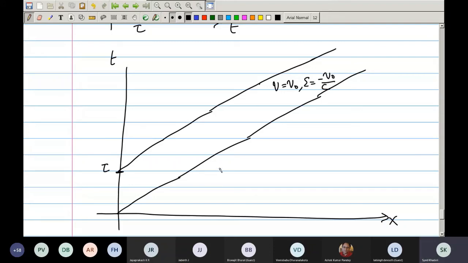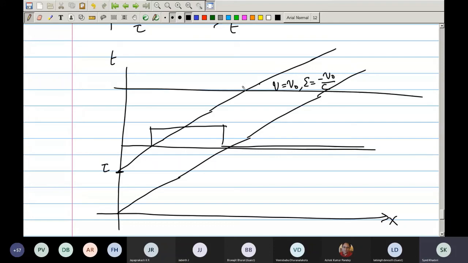Now if I look at different time instances, the velocity would be something like this: velocity will be 0, then some velocity v0, then becoming 0 again. At some other time, the velocity is 0 till here, then the velocity is v0, then the velocity becomes 0 again. The distance traveled is, let's say this is t2 and this is t1, c times t2 minus t1.